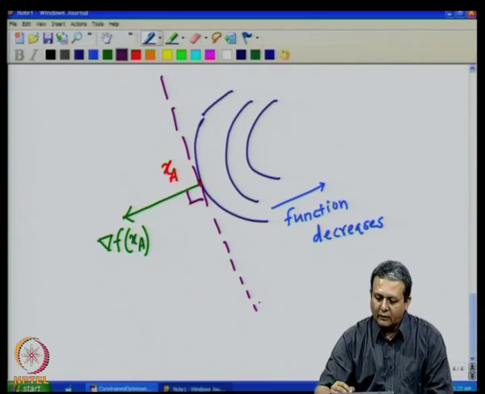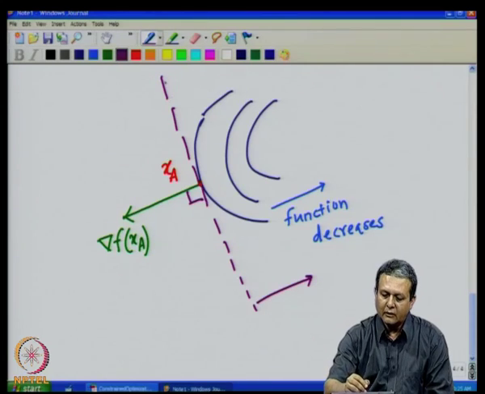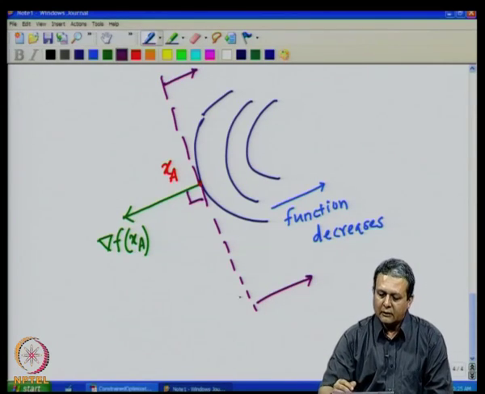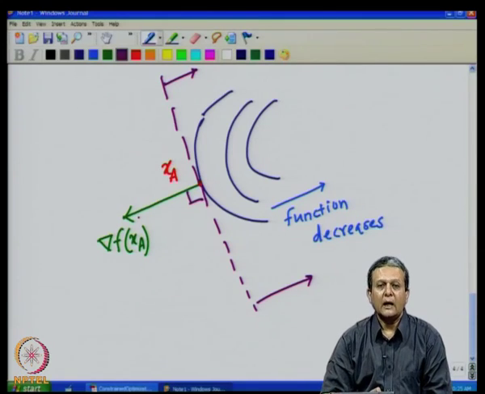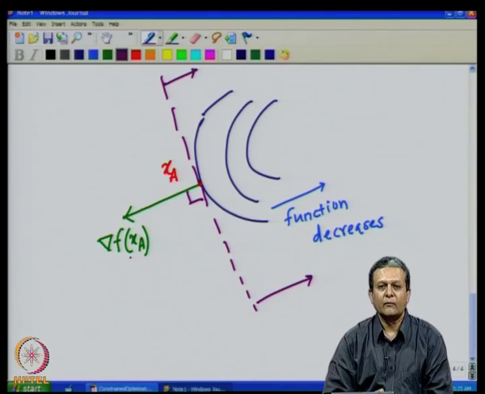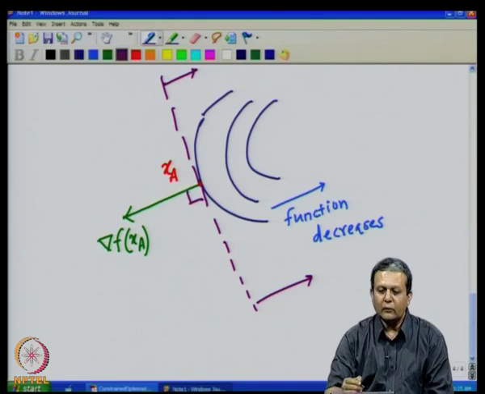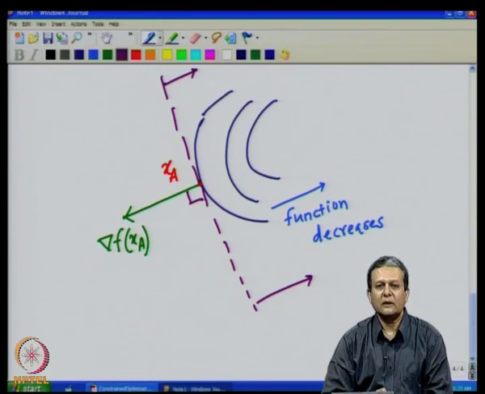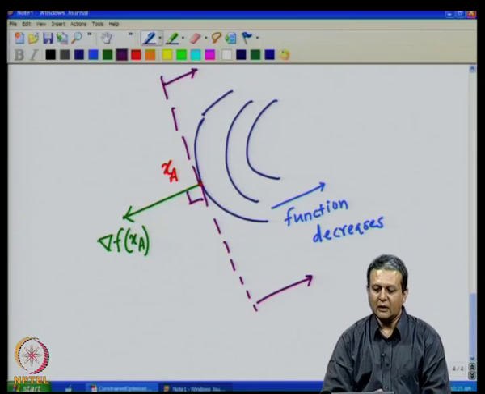Then, if we look at the set of all directions which make an obtuse angle with the gradient of f at x a, and we make a movement along those directions, then the function value decreases. So, those are the descent directions, and we have seen this earlier.